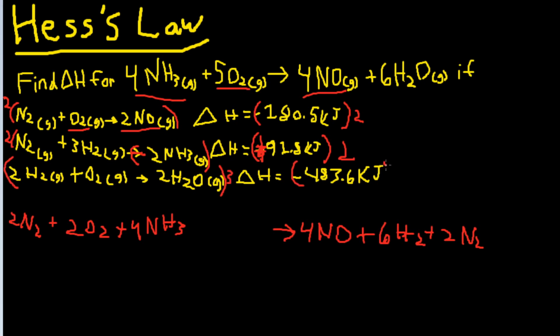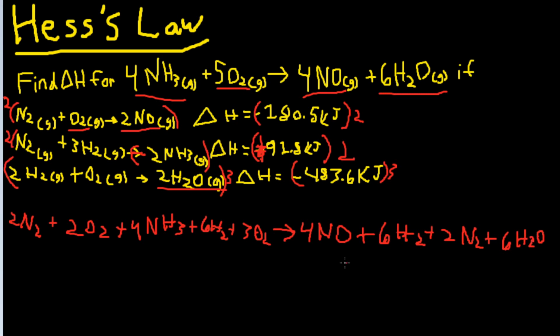And now for the final problem, we'll be doing the same thing again, except this time multiplying it by 3, because we need to get 6 waters, and we only have 2 here. So multiply that by 3 to get 6, and that makes 6 H2 on this side, and then 3 O2s. And then on this side, 6 H2O.